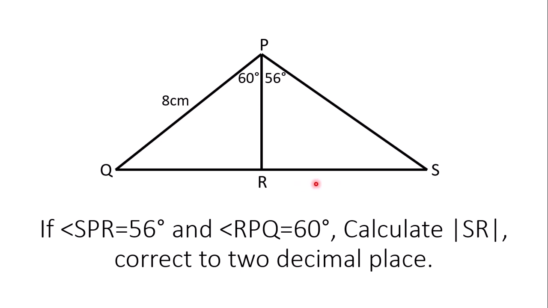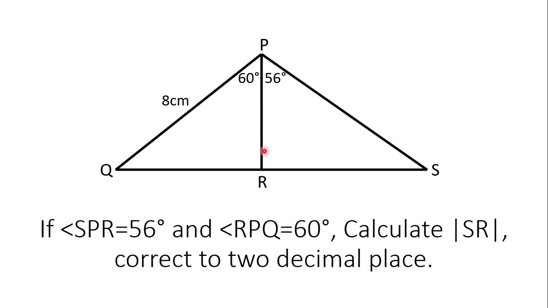Well, you can use the sine rule to solve this question. But before you can use the sine rule, you will need either this side and this side and one angle, or you get two angles in the triangle and a side.